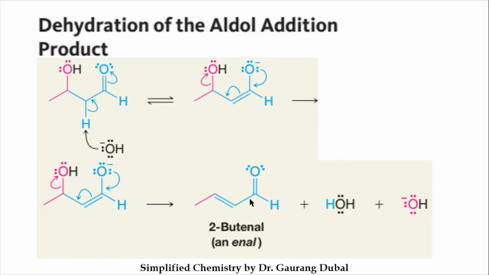So removal of water will give you dehydration, and you get the alpha beta unsaturated aldehyde or ketone, whatever you took. Here we took aldehyde, so the product is alpha beta unsaturated aldehyde. So that is very simple.